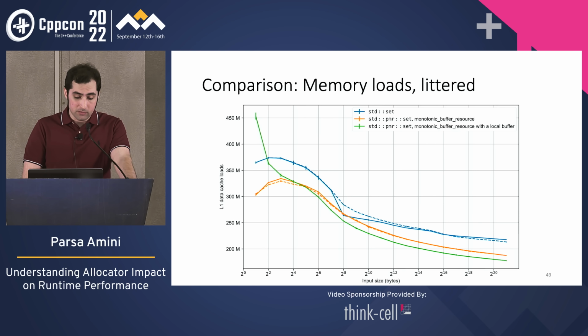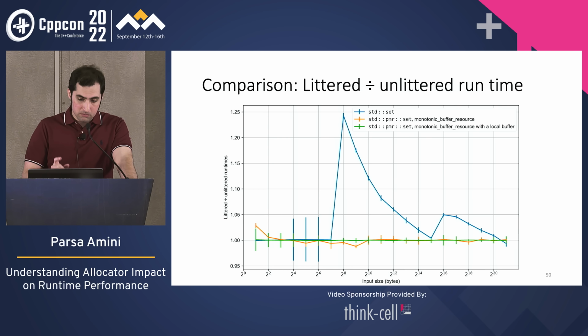We're accessing memory less often. And again, we compare the littered against the unlittered case. We divided the runtimes. We see that spike at 2 to the power of 8 bytes. And we see that the std::set performed the worst there.